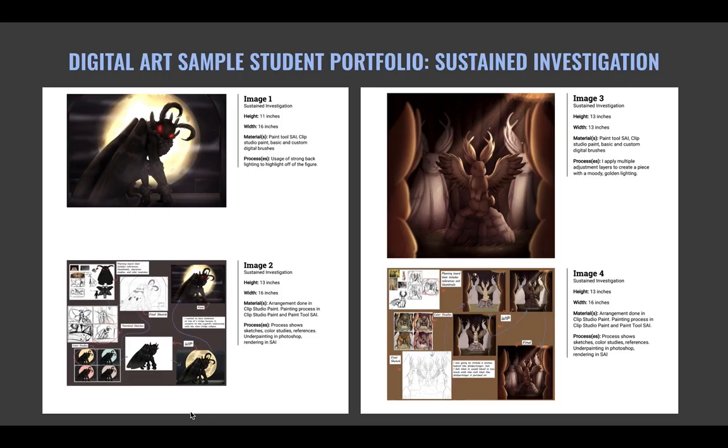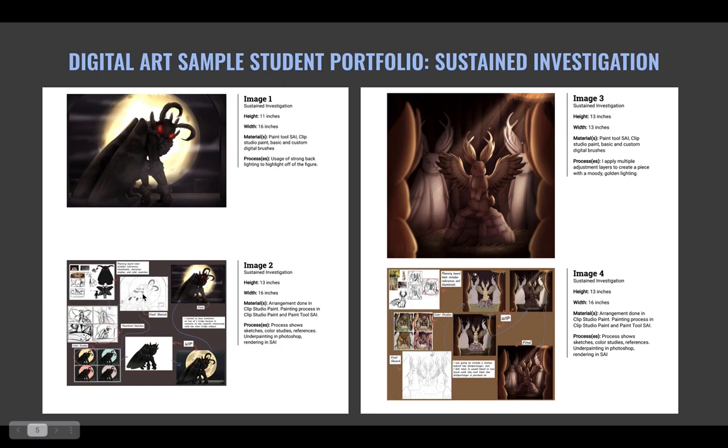So here's a portfolio from a past student, and you can see these are screenshots from the PDF from her submission. And you can see some examples here of the finished artwork and then a process slide that has the student's compositional sketches, her character development and research, her color studies, and the student was a digital painter.